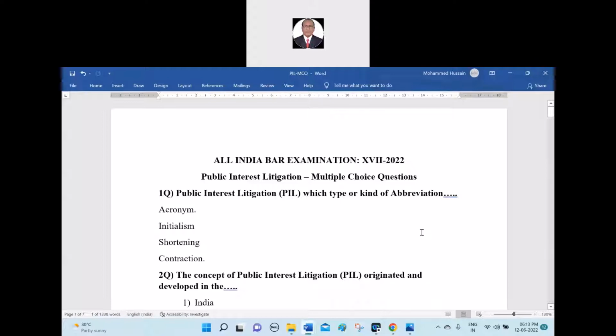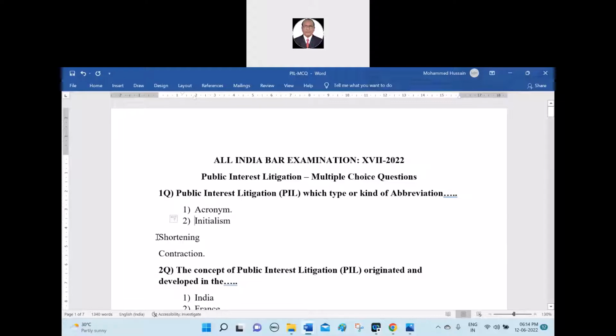Be ready. First question. Public Interest Litigation, within parenthesis, PIL, which type or kind of abbreviation? Number 1, acronym. Number 2, initialism. Number 3, shortening. Number 4, contraction.